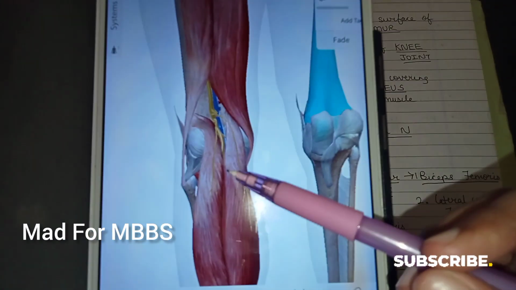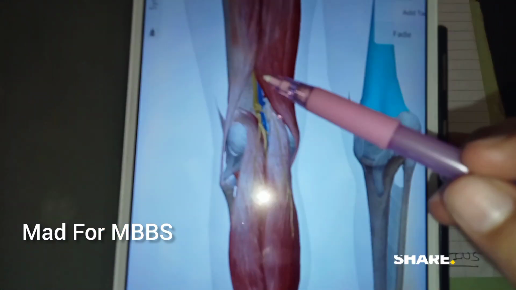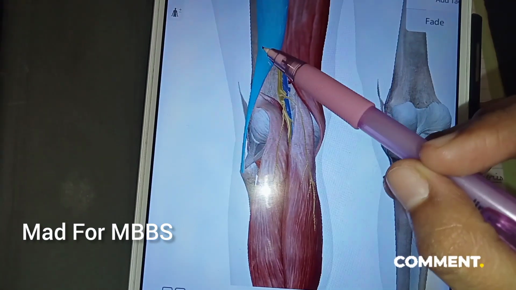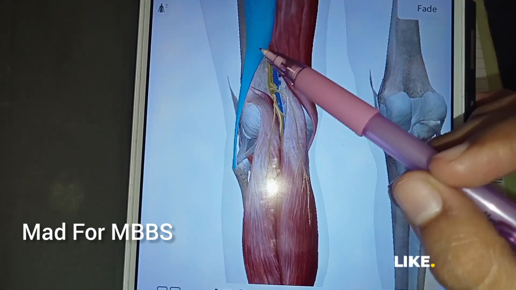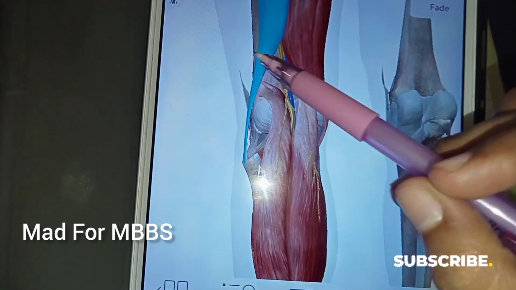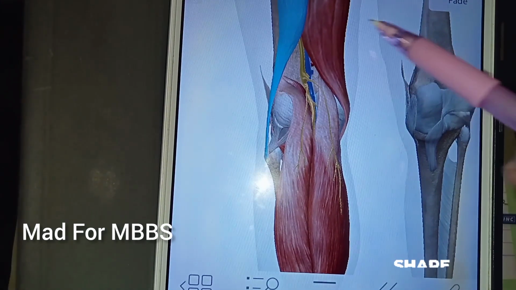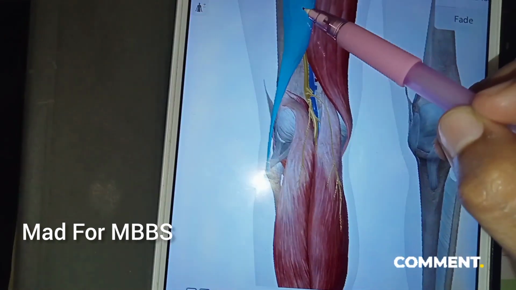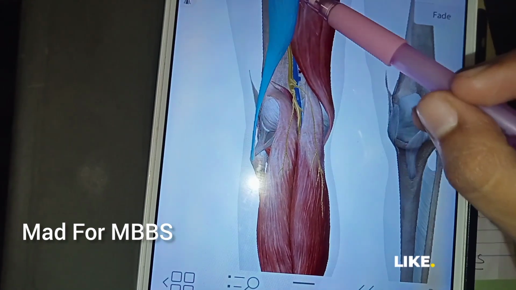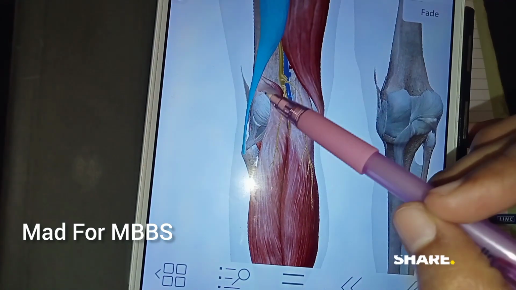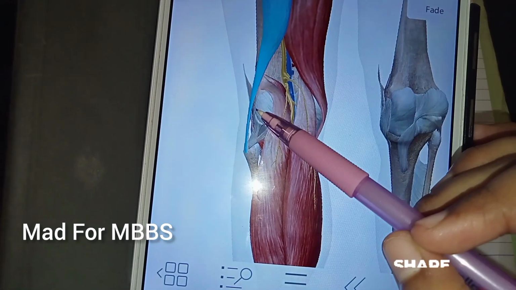So, this muscle is the biceps femoris, which is said laterally. Laterally means away from your body, medially towards your body. So, laterally, we have the biceps femoris in the upper part and the lateral condyle of femur.